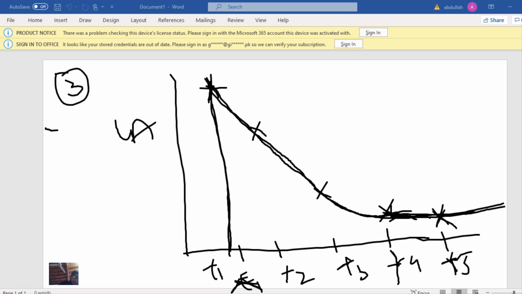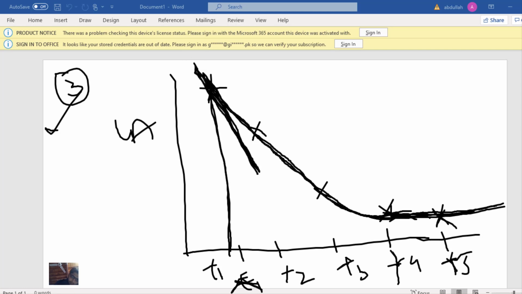Now in the third step, what will we do? We will draw a tangent line to the curve. This is the concentration curve with respect to time. So in the third step we draw tangent lines at various times. Suppose at time t1 this is the tangent line to the curve.